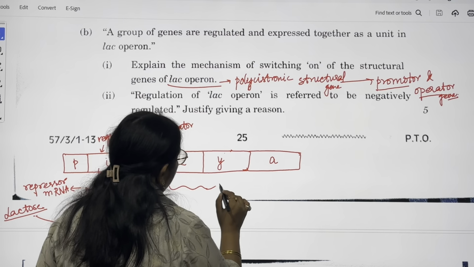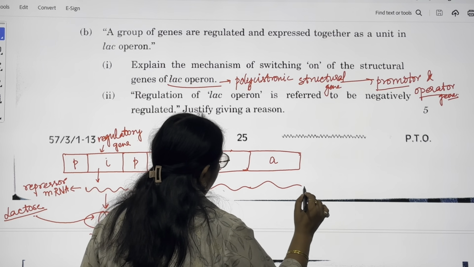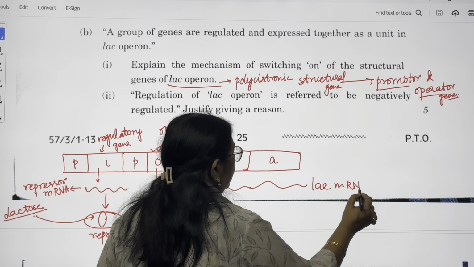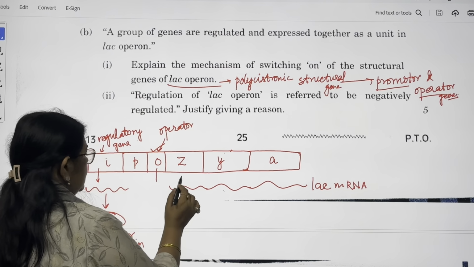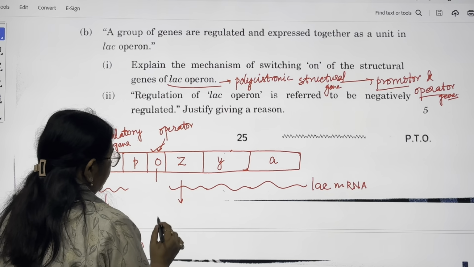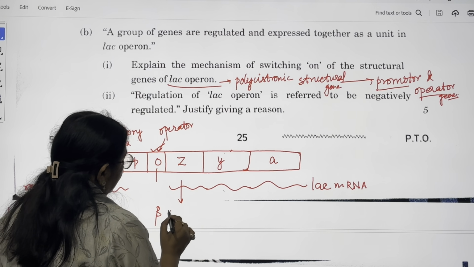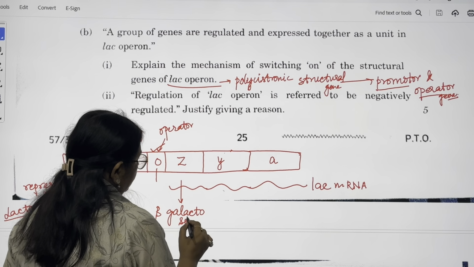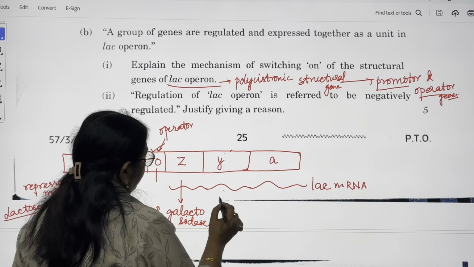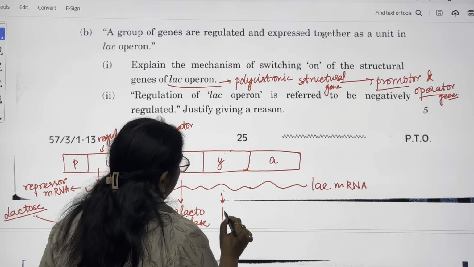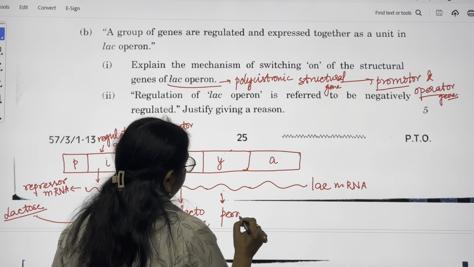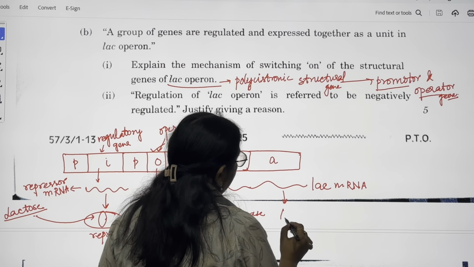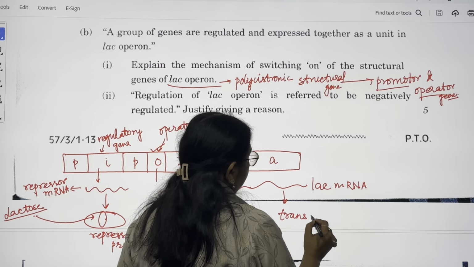Here this LEC mRNA is formed, and then from different structural genes, different enzymes are formed. Like from this, beta galactosidase is formed. From Y gene, permease is formed, and from A gene, trans-acetylase is formed.